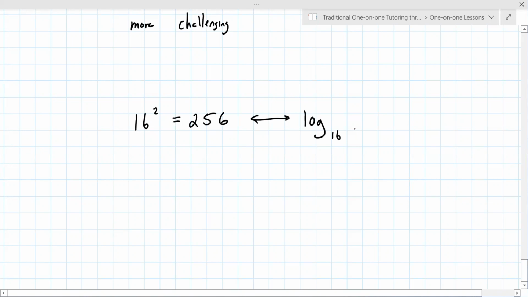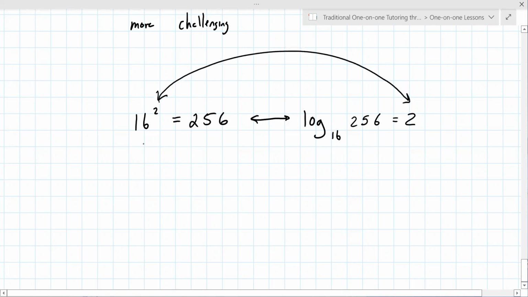Log base 16 of... hold up. I just had a complete brain fart right now. Yeah, that's the problem here: you have to be able to remember where they go.